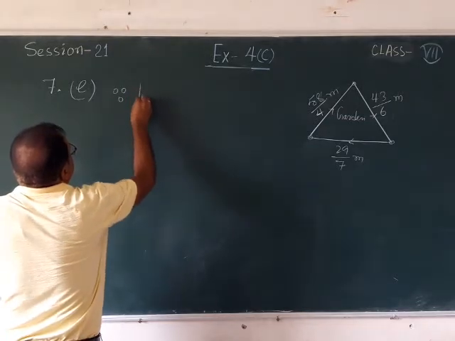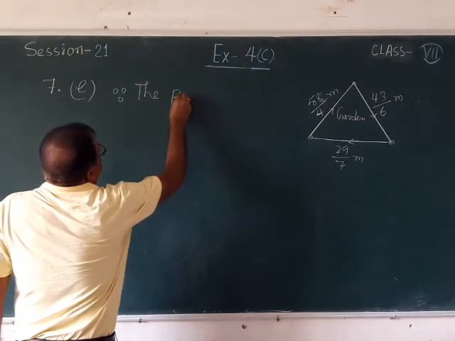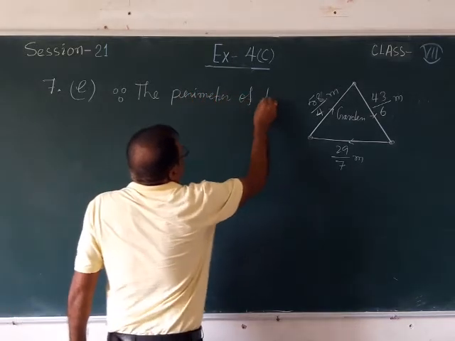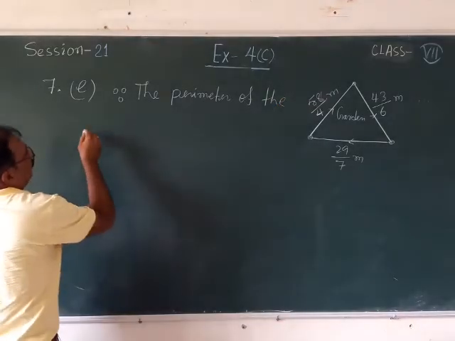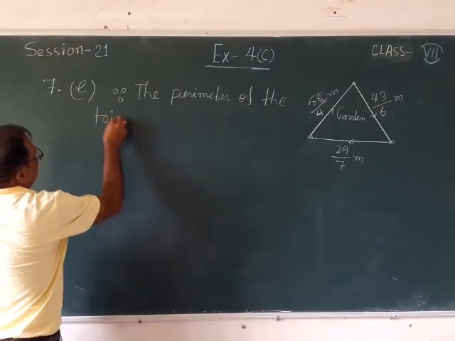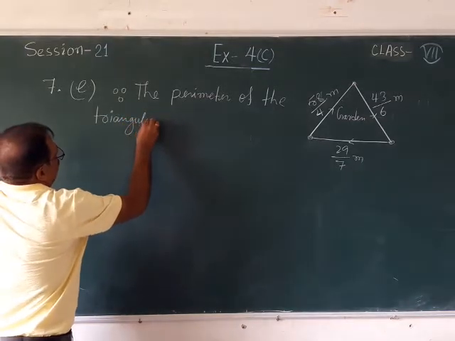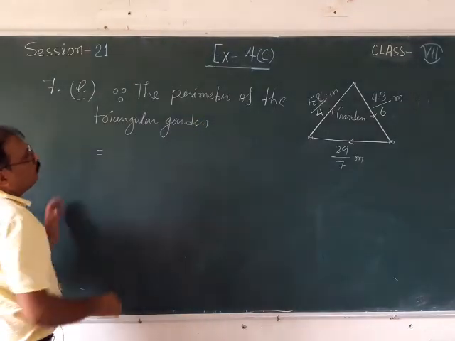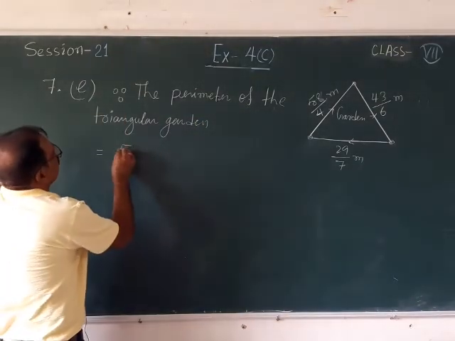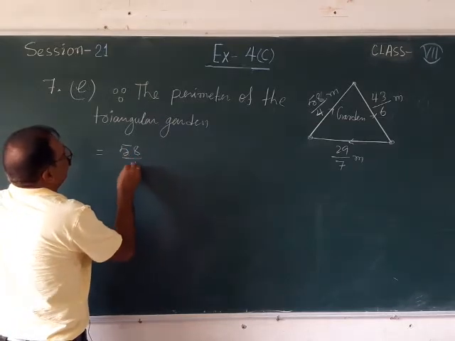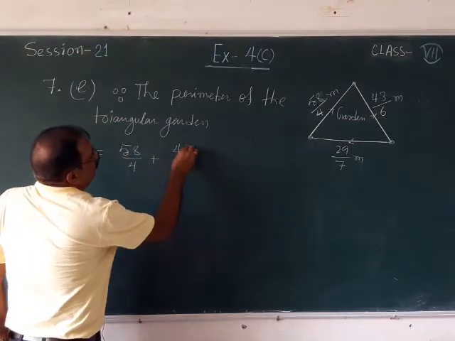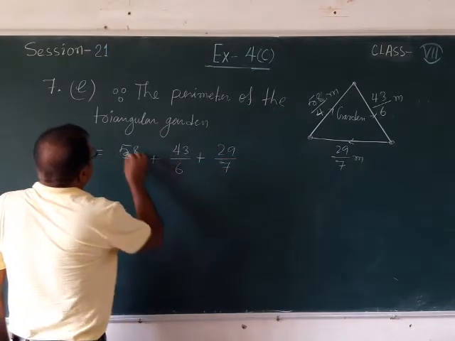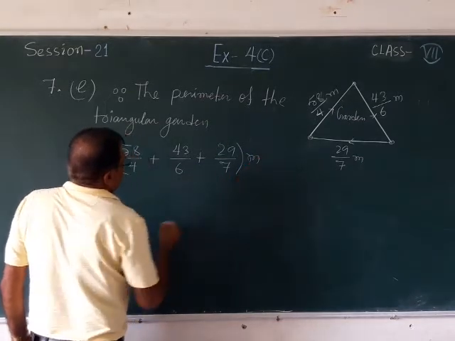Since the perimeter of the triangular garden is equal to the sum of all its sides. What are the sides? It is 58 upon 4 plus 43 upon 6 plus 29 upon 7, and here you will write meter.